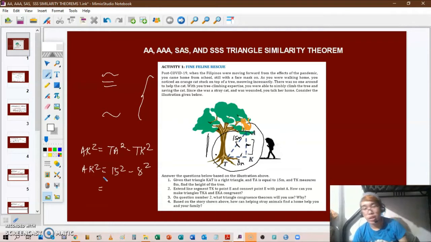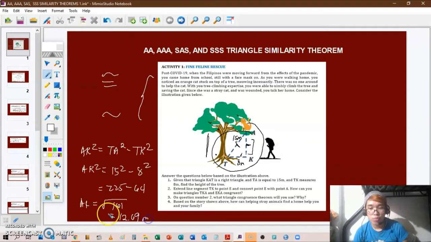Let's just double check. 225 minus 64 will give you 161. And the square root of 161 is 12.69. So that's the height of the tree, 12.69 meters. It's not the tree itself, it's the trunk from points A to K.